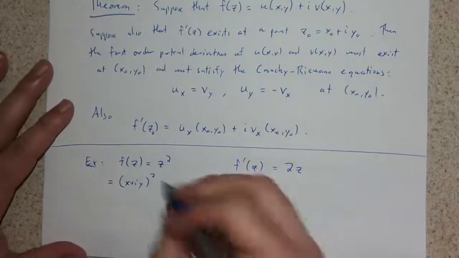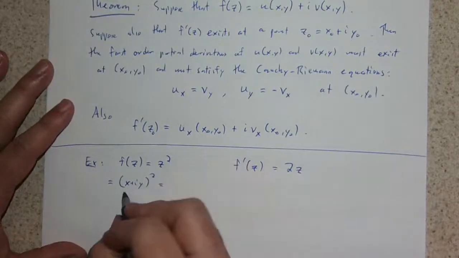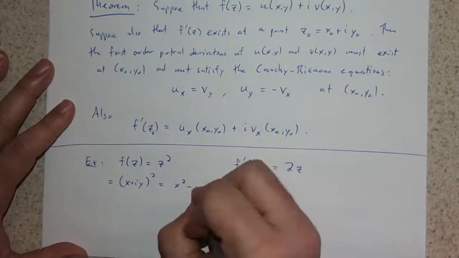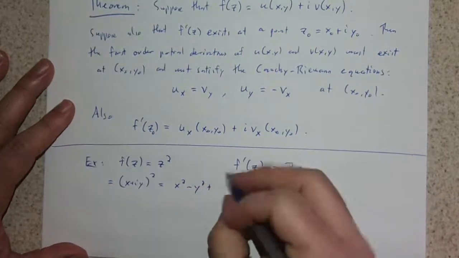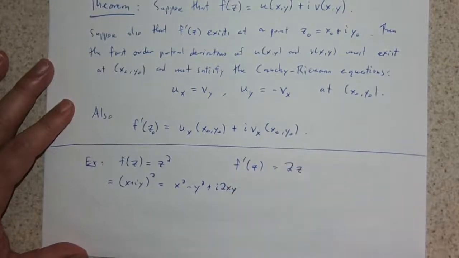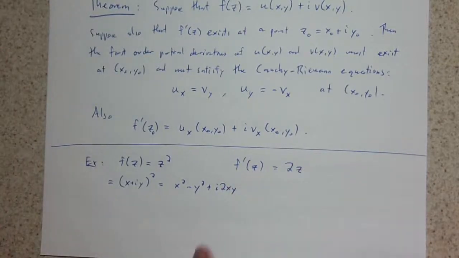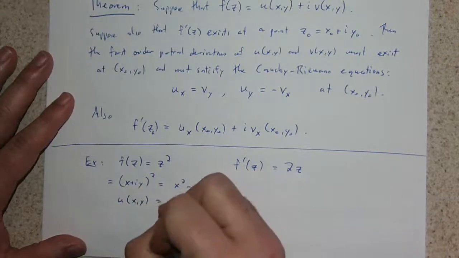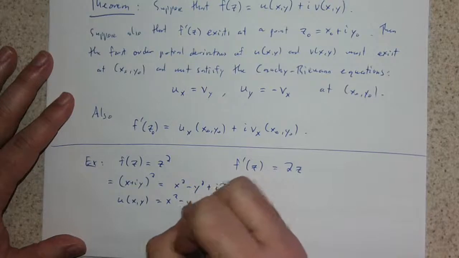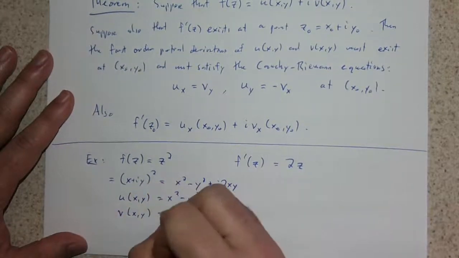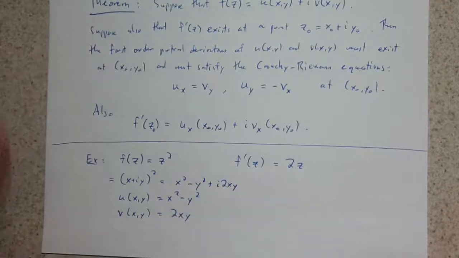Expanding this in terms of u and v, I have x squared minus y squared plus i times 2xy. So u of x, y is x squared minus y squared, and v of x, y is 2xy.